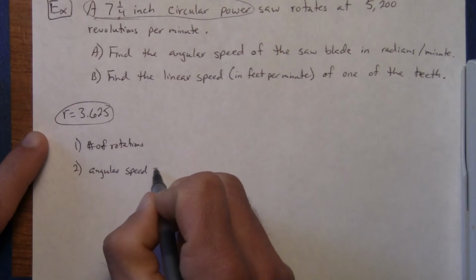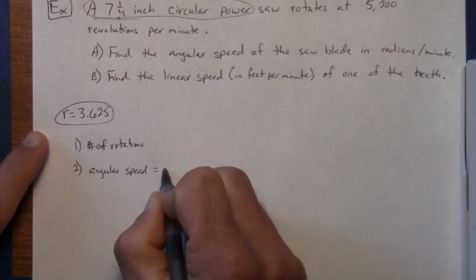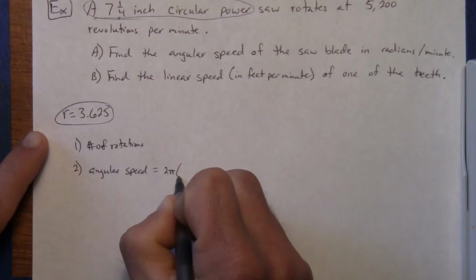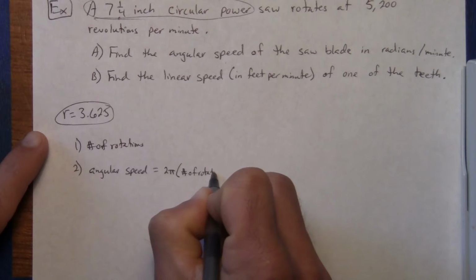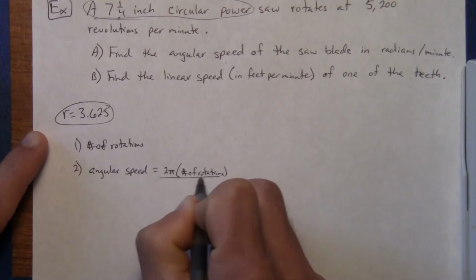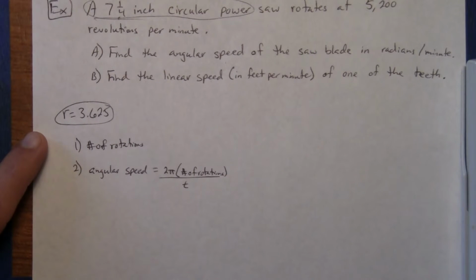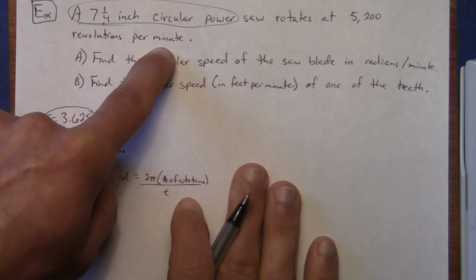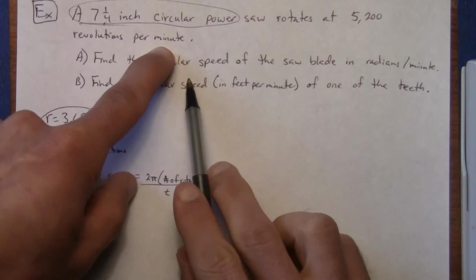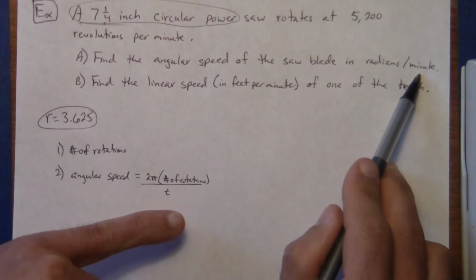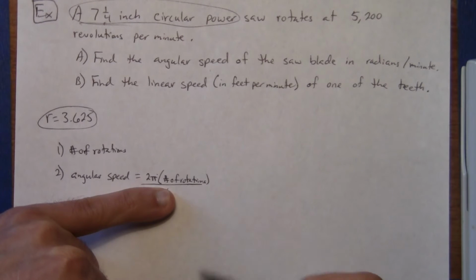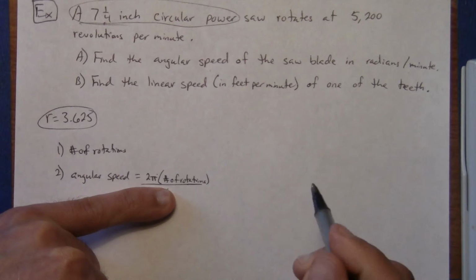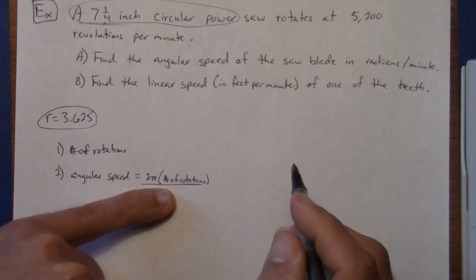Well, the angular speed is equal to 2 pi times the number of rotations divided by time. And since the time in the story problem was minutes, and what they're asking me to find the angular speed in is minutes, realistically that means the time is just 1 and I can ignore it. So it's really 2 pi times the number of rotations, and then a possible unit change or conversion if you have to.